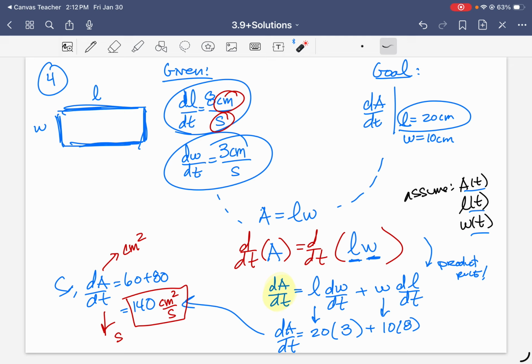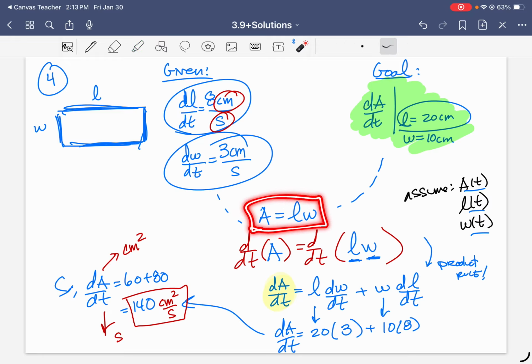They want to know how fast the area of the rectangle is increasing, so what is dA/dt, when the length is 20 centimeters and the width is 10. So that's what our goal happens to be.